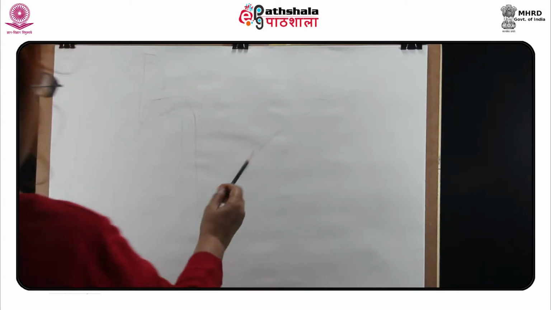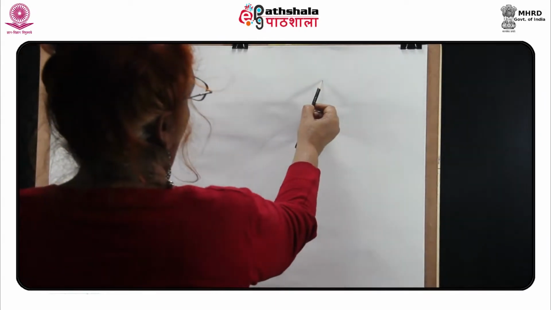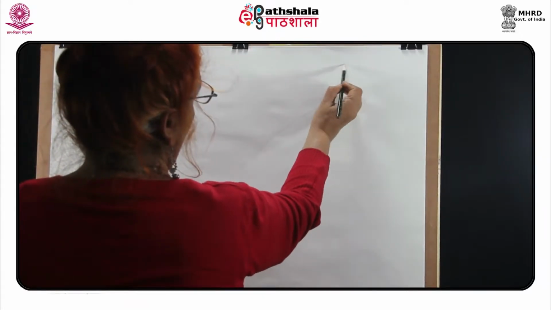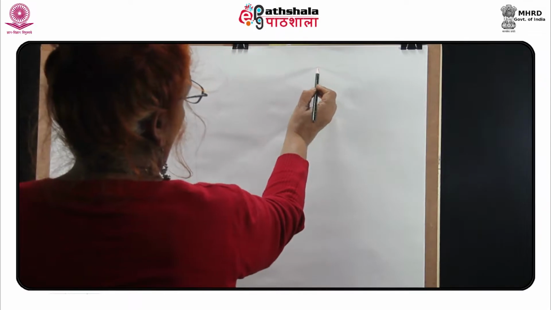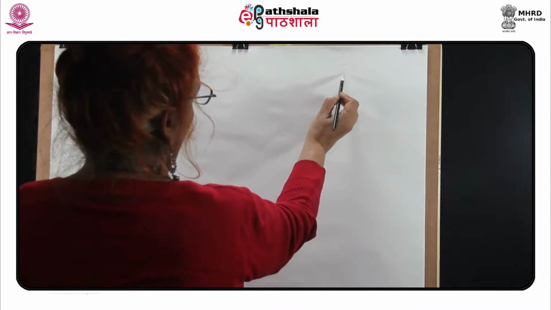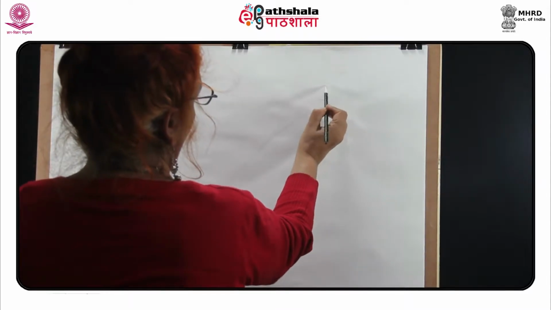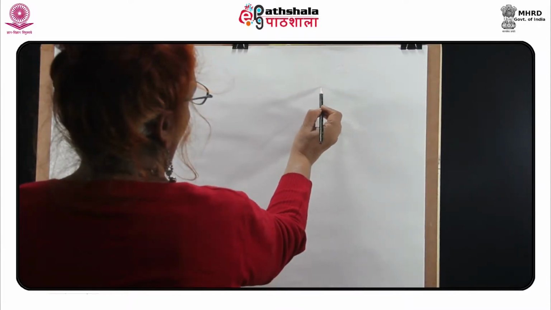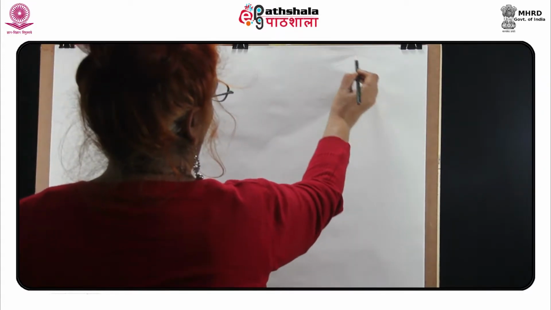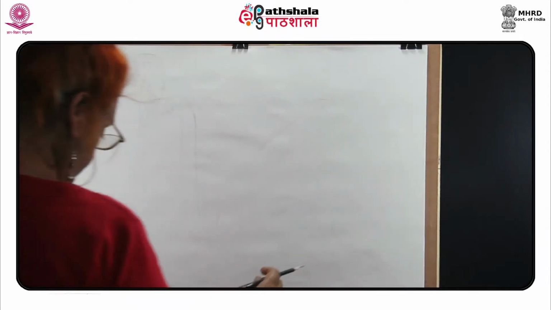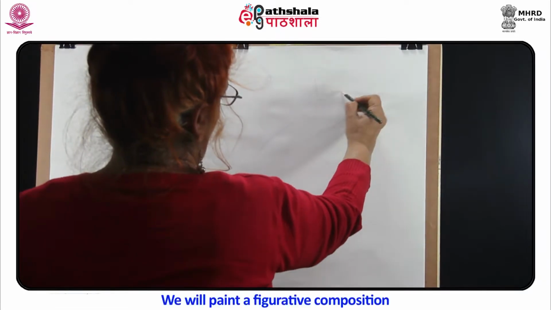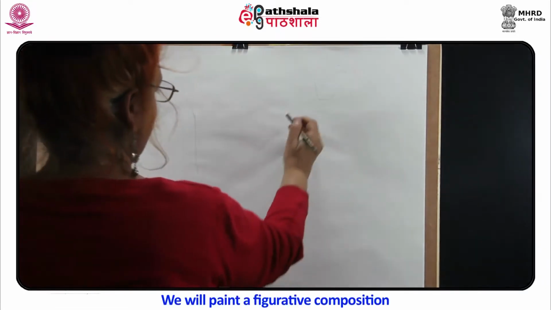Although Cubism was an abstracted form of modern art, it is also derived from real life. Most of the abstract paintings were highly fragmented and geometric. A subject was still discernible. We will paint a figurative composition.